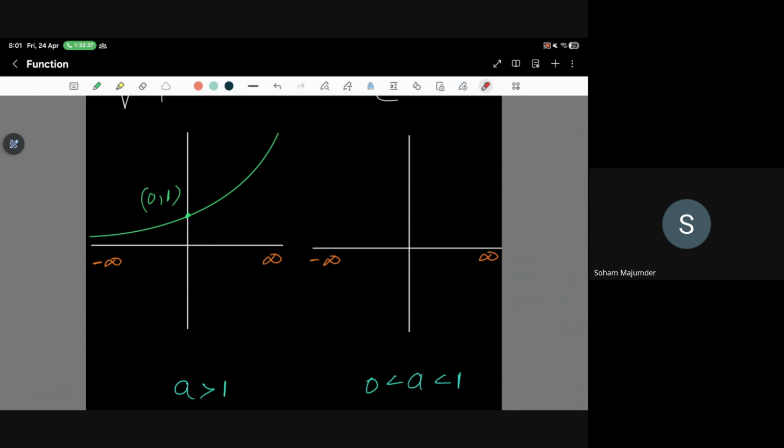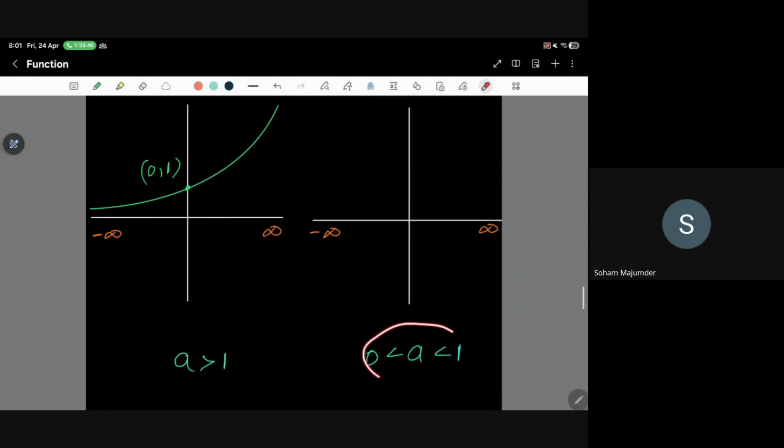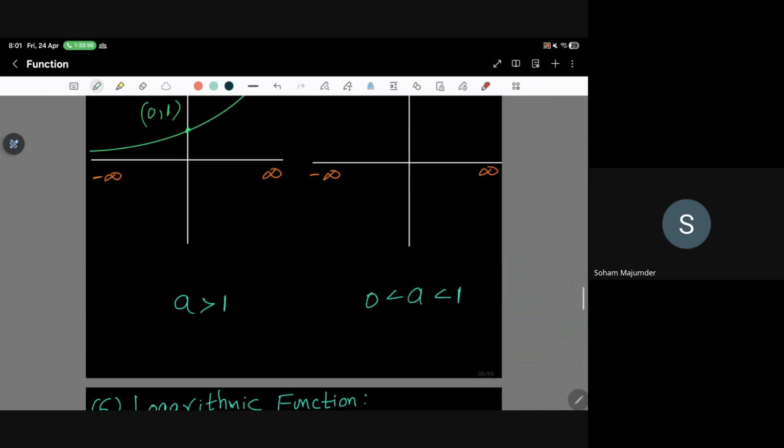Okay, I will draw it, then you can confirm whether you got the same graph or not. Now, if the base is less than 1, we have a function of this type. Let's take an example: f(x) is (1/7) to the power x.